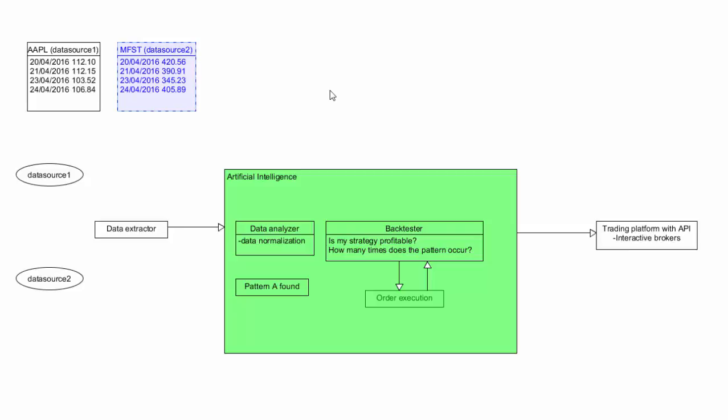So based on that, you have to build in general a kind of model to be able to say, okay, I give my backtester, for example, 10,000 euros virtual money, and I want to simulate an order. Every time the pattern is found, I want to simulate an order and see how much profit I make once that pattern is matched.